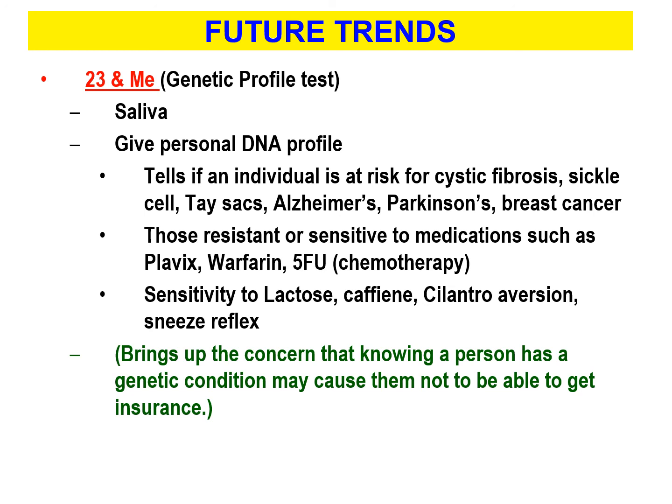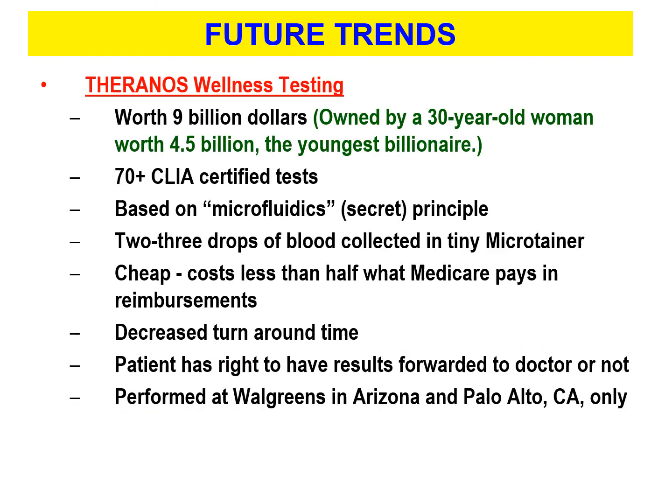If we know you are prone to Alzheimer's, then we can get you on medication earlier. We see all the great things that this type of genetic testing can do. We just want to make sure that people don't use it in the wrong way to deny people insurance or jobs.